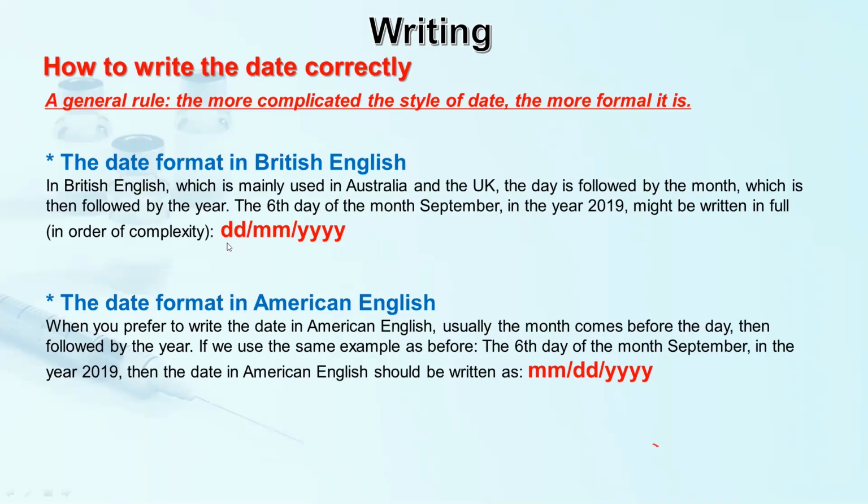At the start, you write the day, then the month, then the year. While in American English style, you write the month firstly, then the day, then the year. So this is the difference between the British writing style and the American writing style regarding the date.